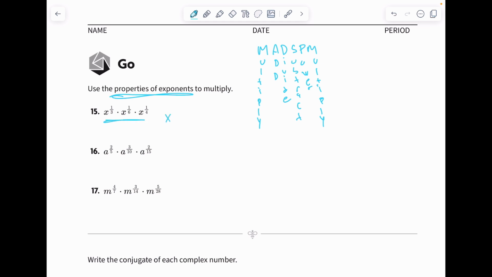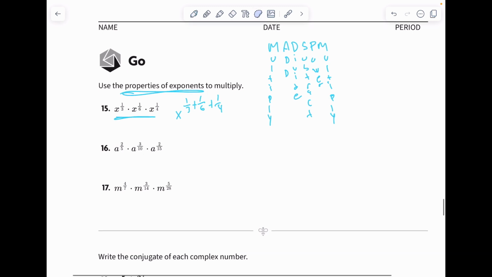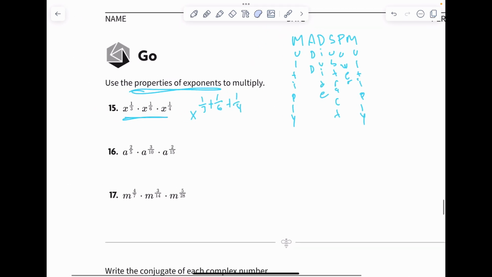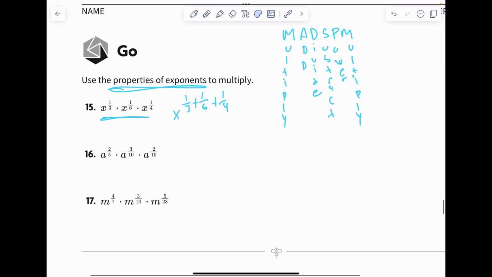So I'm going to be left with x to the 1/3 plus 1/6 plus 1/4, and it essentially just becomes a matter of adding fractions. Let's think about finding a common denominator.